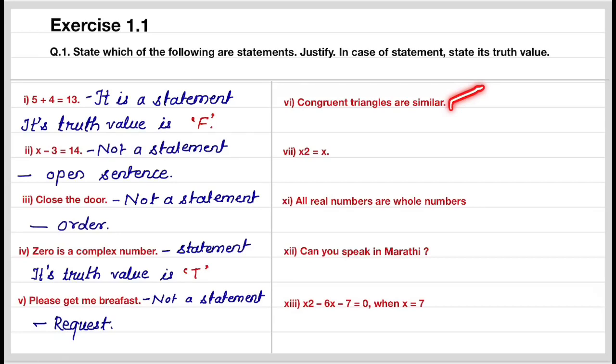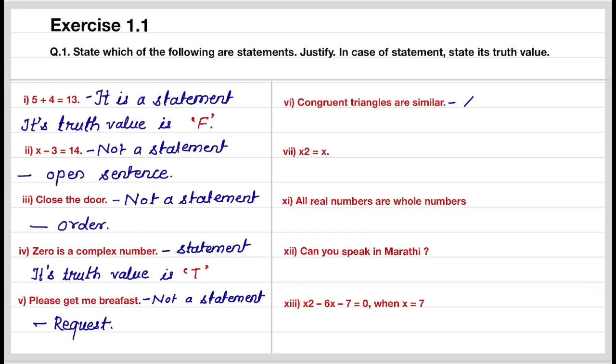Here sentence is congruent triangles are similar. I think in 8th or 7th standard you have studied congruent triangles, and that time you have studied congruent triangles are similar. Here we are declaring congruent triangles are similar. That means it is a declarative sentence.